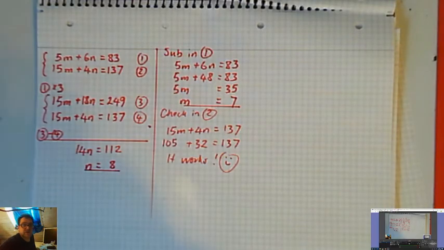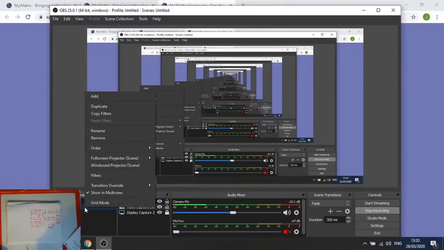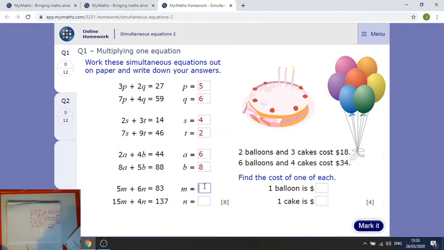Okay, so over to the iMaths page to fill that in. 7 and 8. And then the last question is a word problem. So 8 balloons and 3 cakes cost $18. So I'm going to call B the cost of 1 balloon and C the cost of 1 cake.